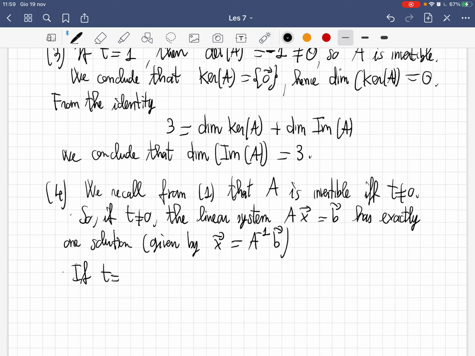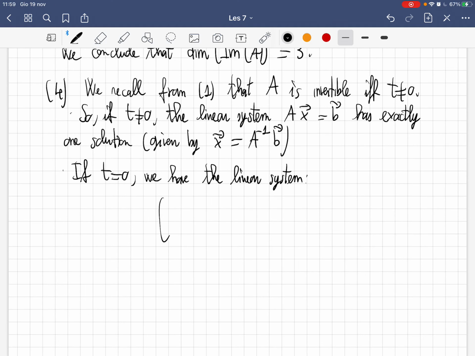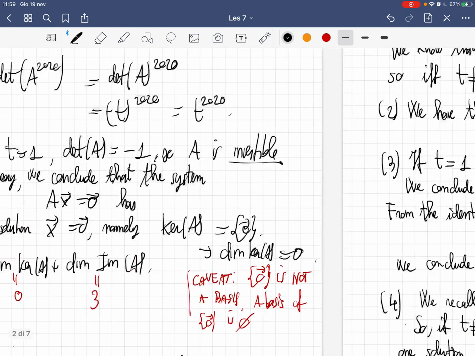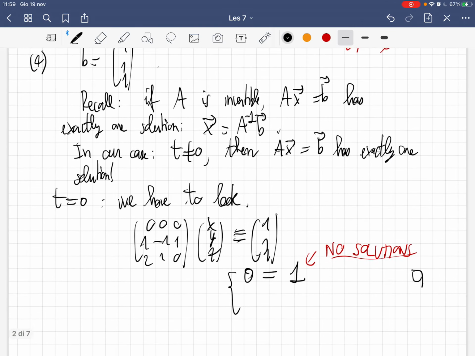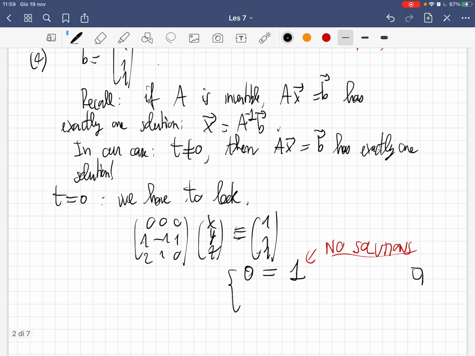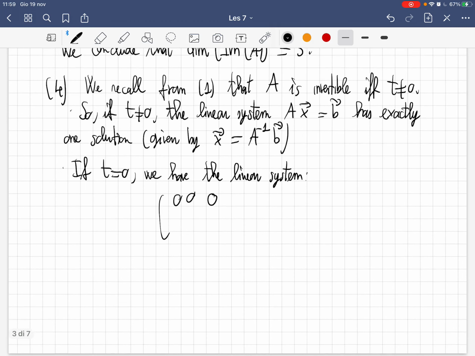If t is equal to 0, we have the linear system 0, 0, 0, 1 minus 1, 1, 2, 1, 0, really?